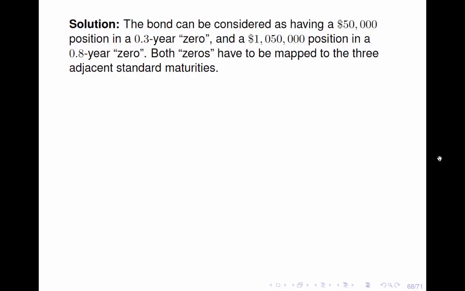Since the bond has principal $1 million and coupon rate 10% paid semi-annually, it can be considered as having a $50,000 position in a 0.3-year zero and a $1.05 million position in a 0.8-year zero. Those zeros have to be mapped to the 3 adjacent standard maturities.